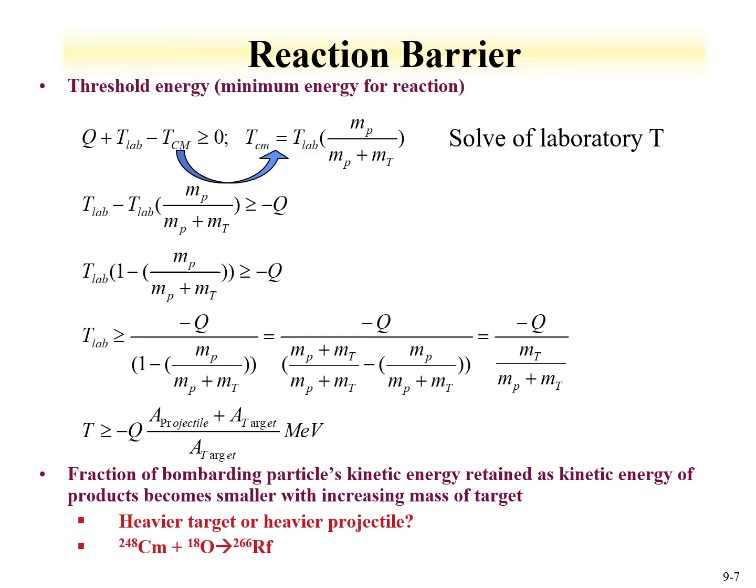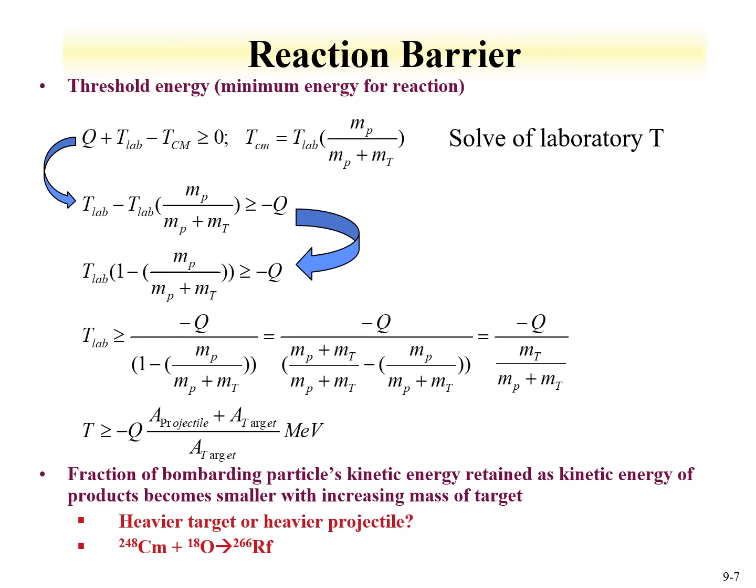So we substitute the kinetic energy of the center of mass with the laboratory kinetic energy times the ratio of the mass of the particle divided by the sum of the particle and target. We come up with the rearranged equation, which is listed here. We've put the Q value onto the other side of the equation. We take the kinetic energy of the lab term out.